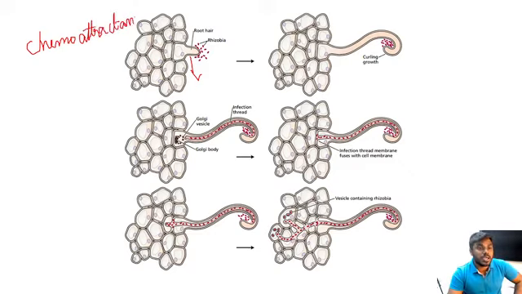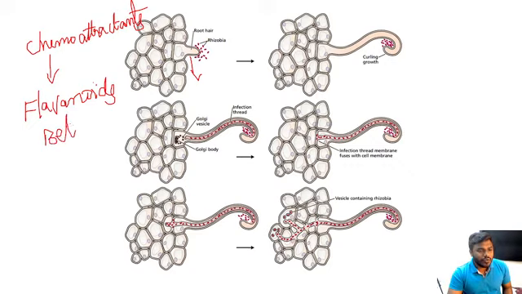We call them chemoattractants. What are the best examples of chemoattractants? You have to remember the examples which are more often asked in the exams. One is flavonoids, another one is betaines. Flavonoids and betaines are the chemoattractants released by the root hair.